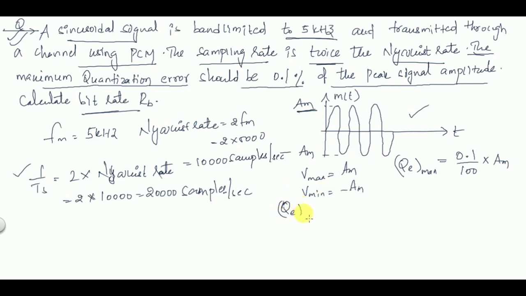So what is QE max? We know that QE maximum is equal to del by 2. And what is del again?